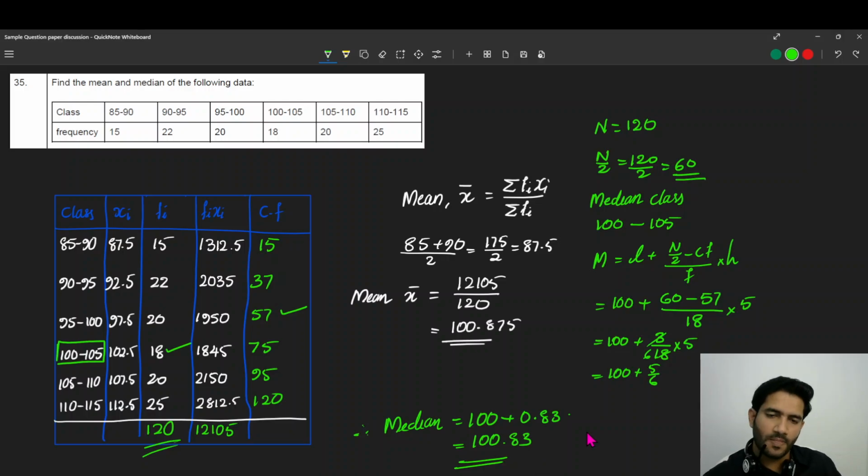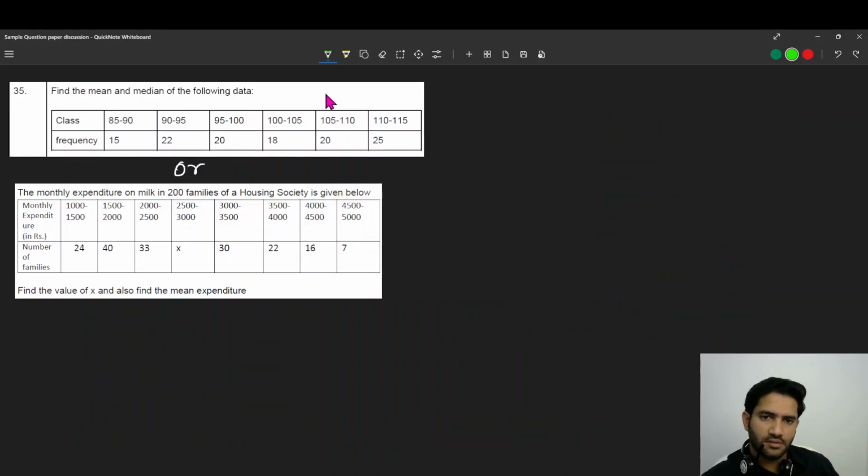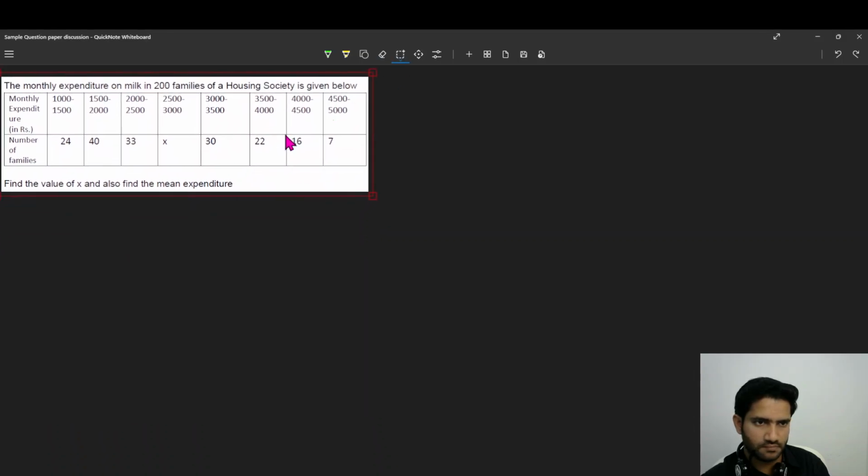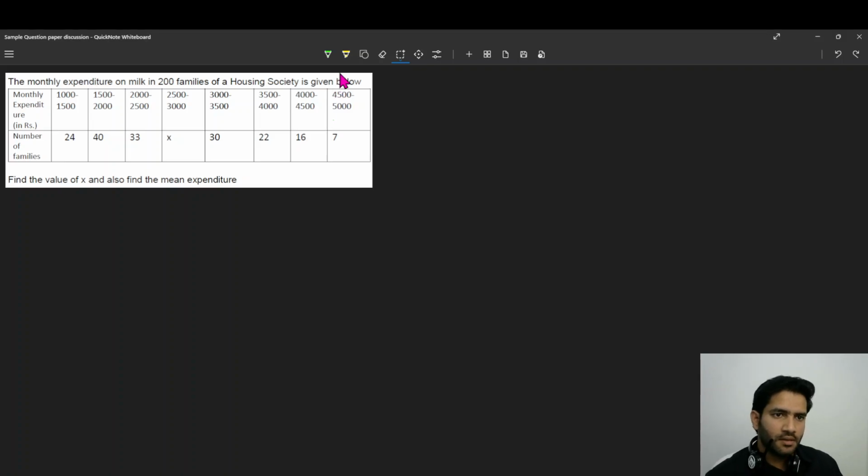Okay, the next question. The first is already solved. Here again, first of all, we want to find x. It is given that there are 200 families, so sigma fi is given, 200.